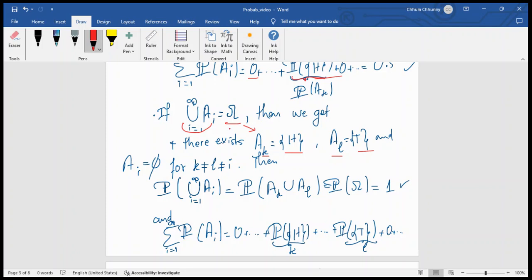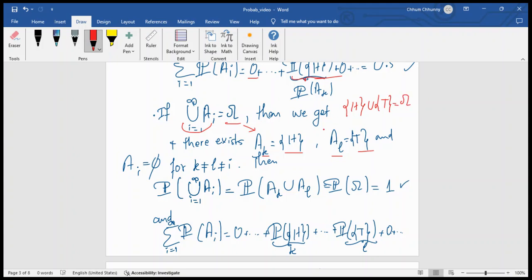Because AI are pairwise disjoint, and in the case that the union equals omega, we know that the set of H and the set of T also belong to F. And when we take the union of the set of H and the set of T, we will get omega.